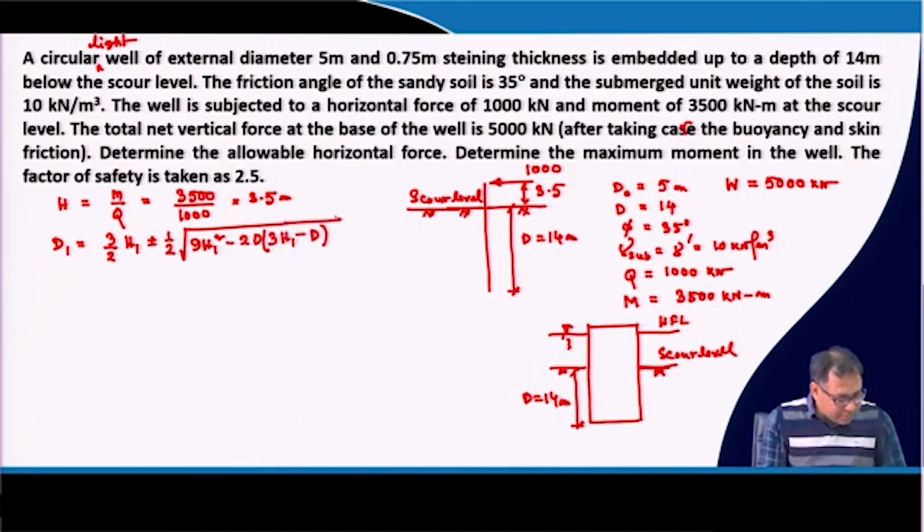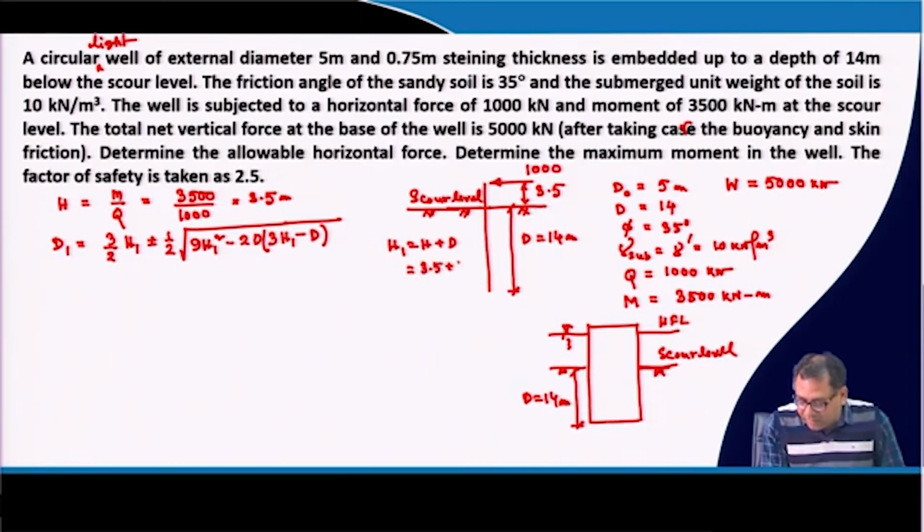Now, what is H1 here? H1 is equal to H plus D. H is 3.5, D is 14 meter, so this is 17.5 meter.